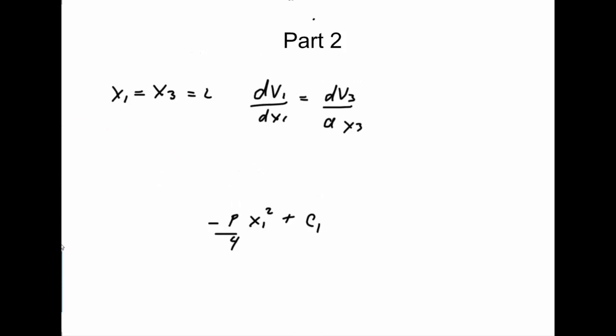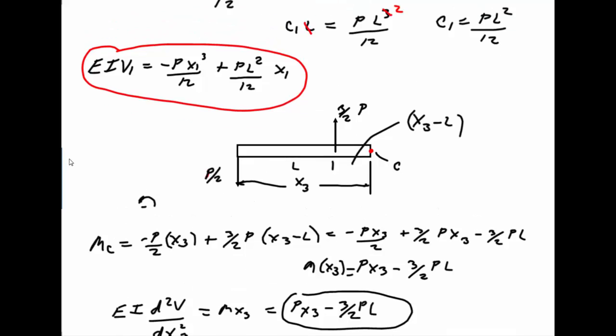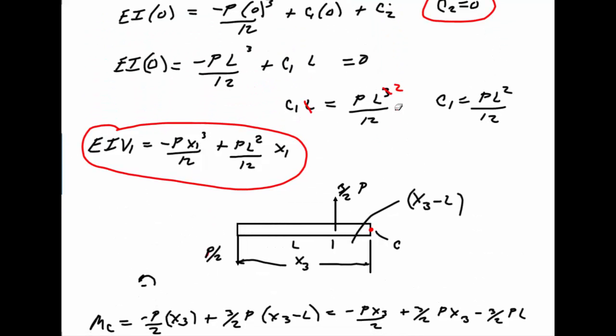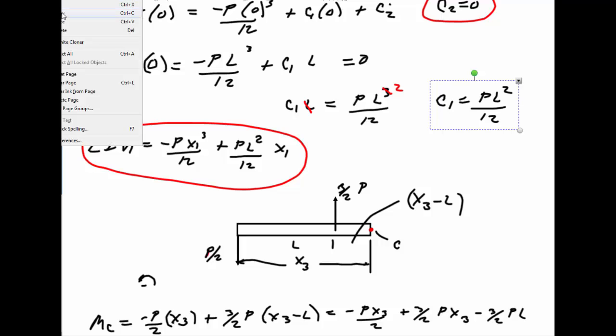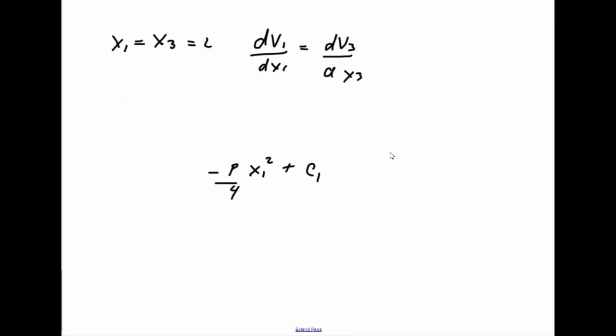Now, earlier we had solved for C1, and we said it was right here. We'll grab it right here. We said C1 was this value here. Again, this probably seems complicated, but it's really not bad at all.